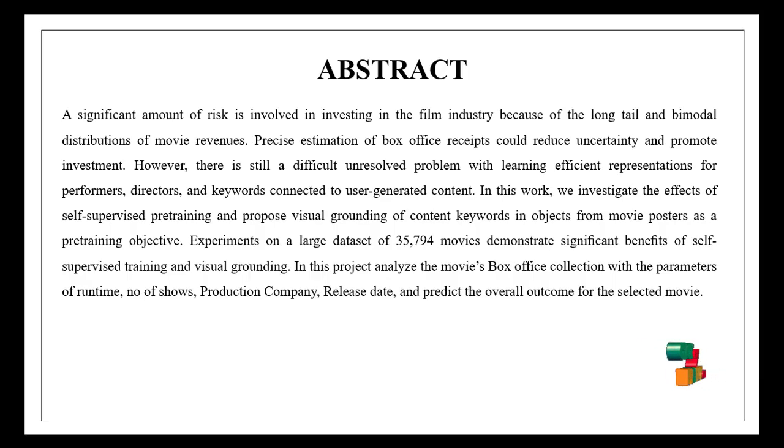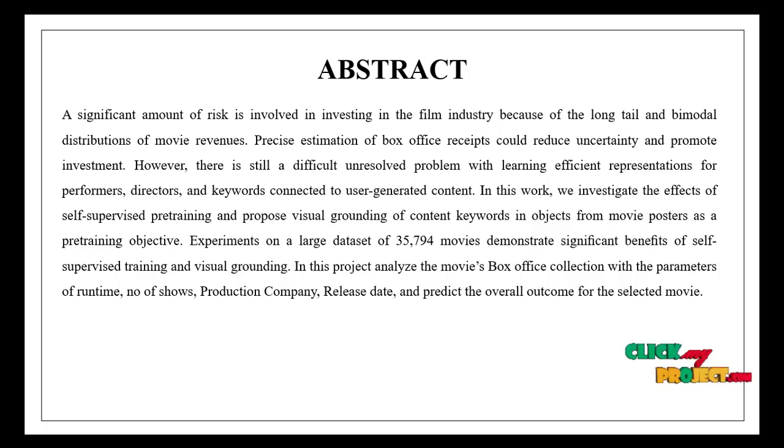This is our abstract. A significant amount of risk is involved in investing in the film industry because of the long tail and bimodal distribution of movie reviews. Precise estimation of the box office receipts would reduce the uncertainty and promote investments.